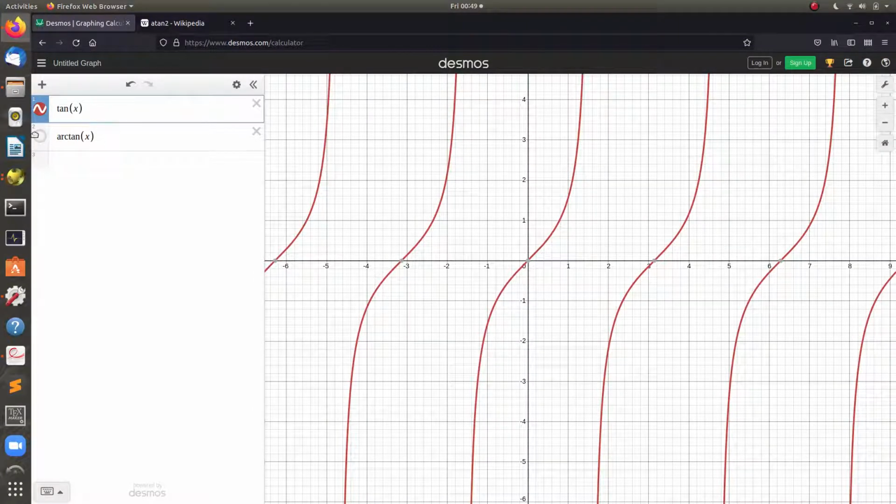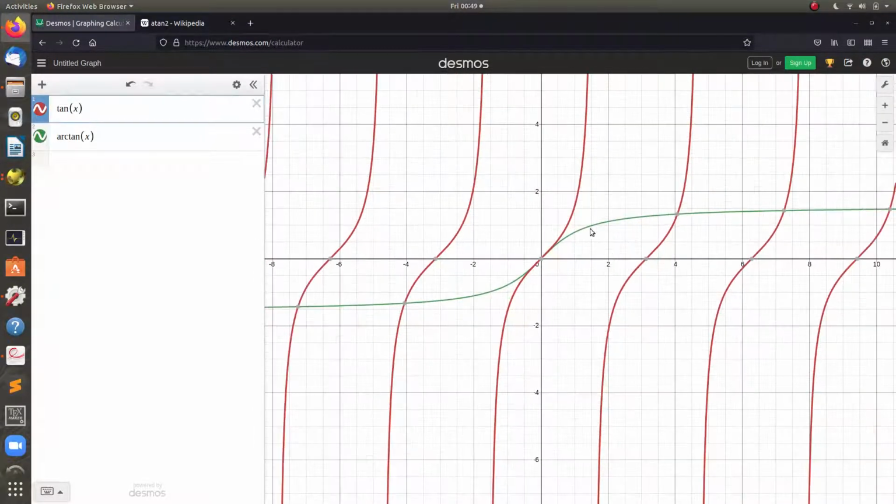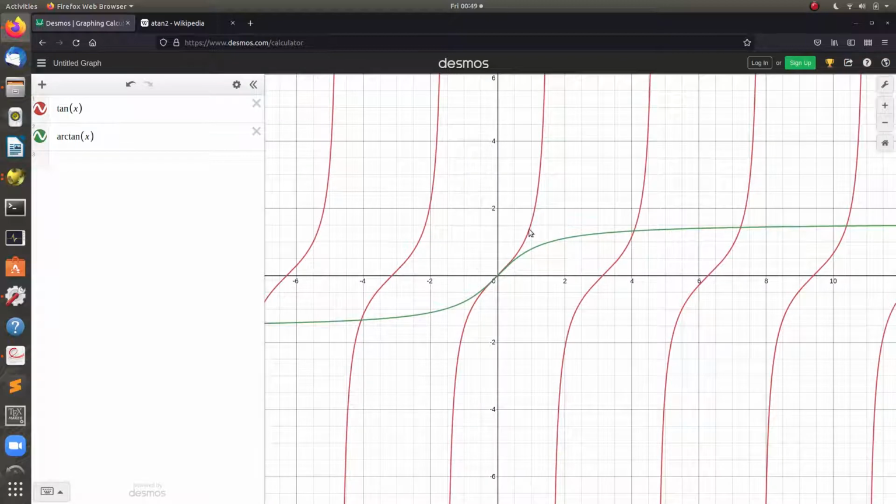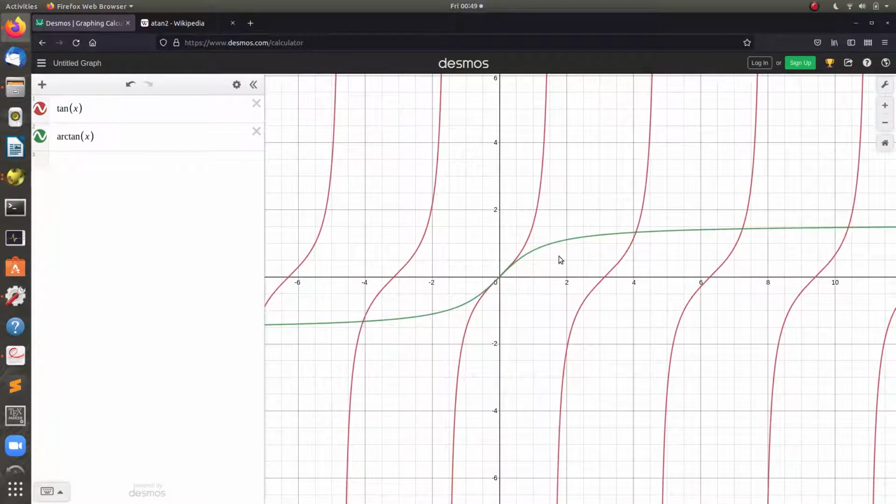We don't need to worry about that. The arctan function essentially just takes all values from negative infinity to infinity and squashes them between negative pi over 2 and pi over 2. Yeah, pretty sure. Yep. So, cool.